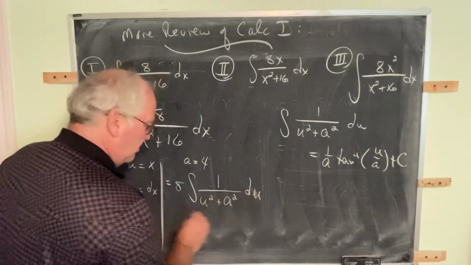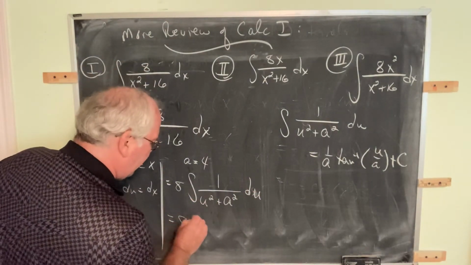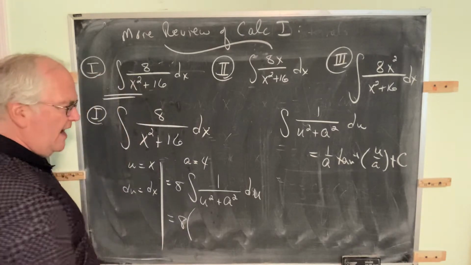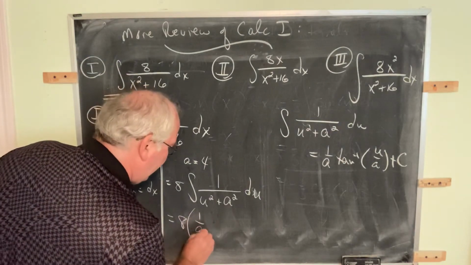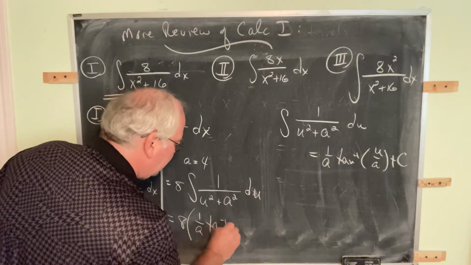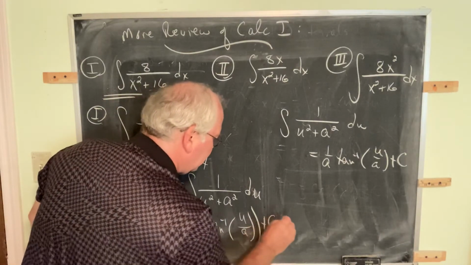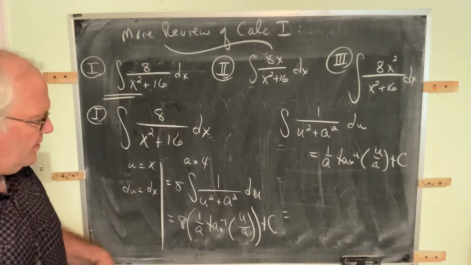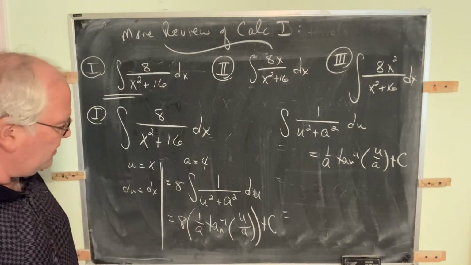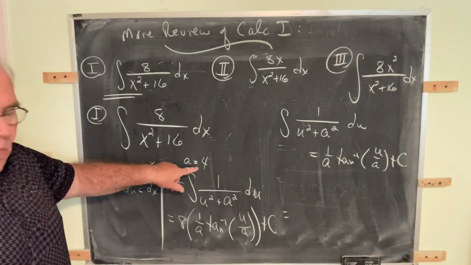So all we do here is take the 8 constant multiplier out front, multiplied by 1 over a, tangent inverse of u over a, plus the constant. Now let's translate back to the original expression and simplify as we go. a for our problem is 4.